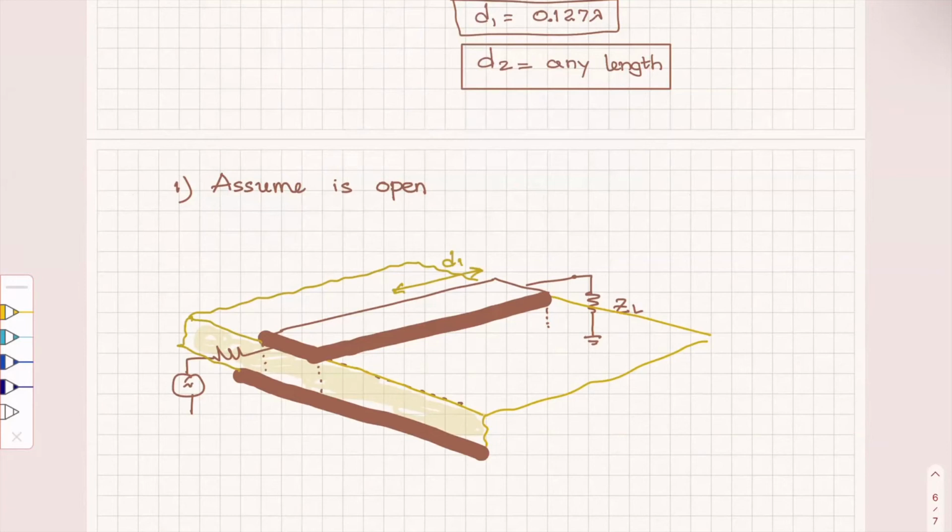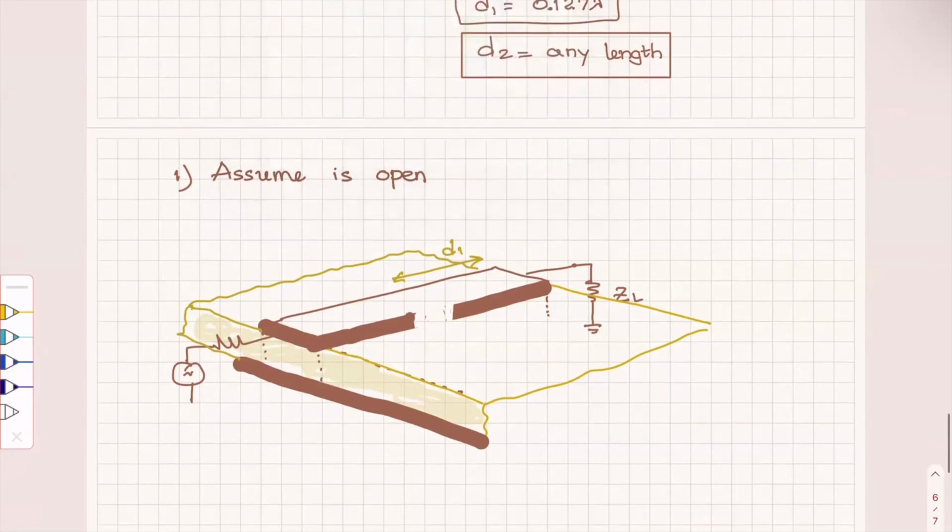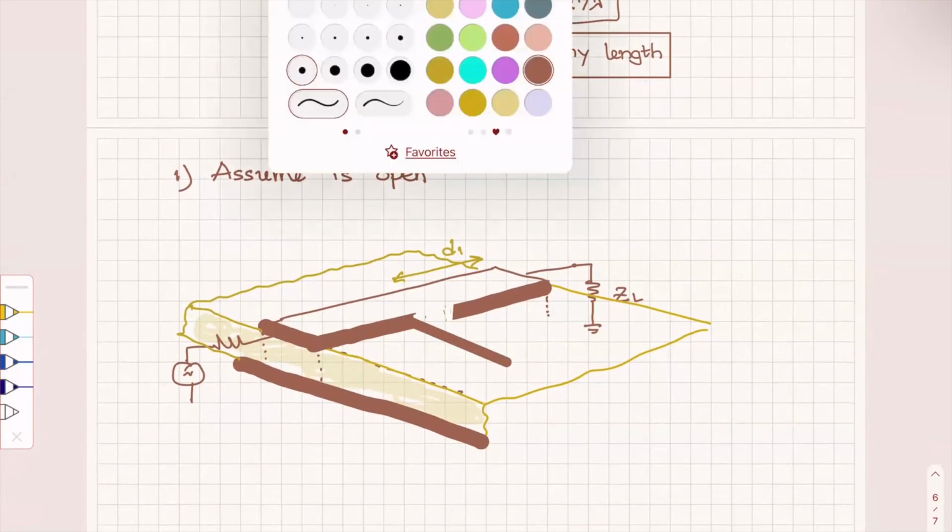So cut it, let me see. And then create a, and then on that, create a stub.